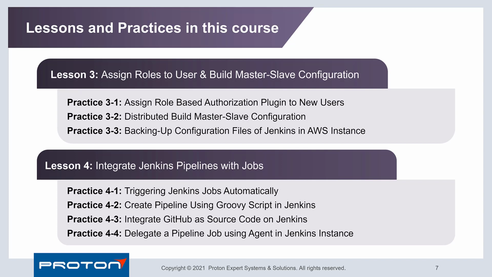Lesson 4, that is integrate Jenkins pipelines with jobs. The practices for lesson 4 include triggering Jenkins jobs automatically, to create pipeline using Groovy script in Jenkins, integrate GitHub as source code on Jenkins, and delegate a pipeline job using agent in Jenkins instance.